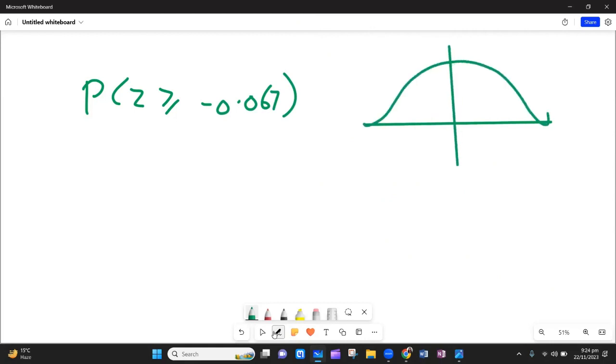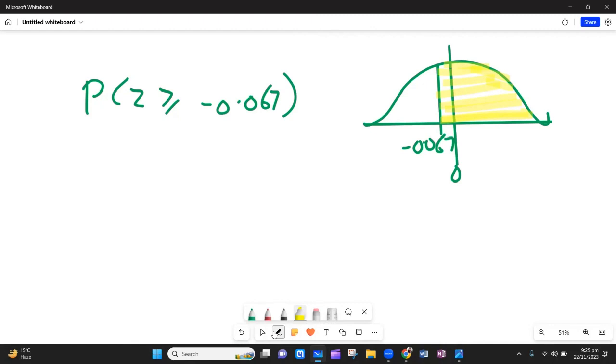Symmetric curve, 0 here, negative 0.067, and also greater than or equal to that. So this area or this probability is required. Two problems here: one, the value is negative, and also it says greater than. Change both using the symmetrical property of this curve.